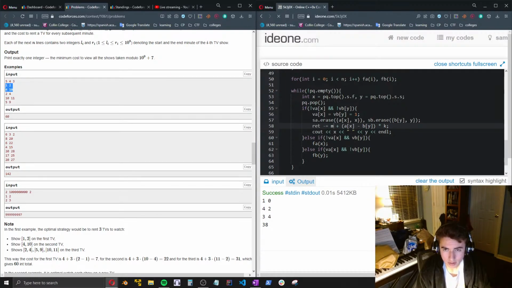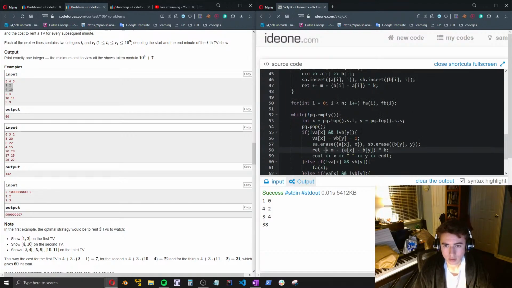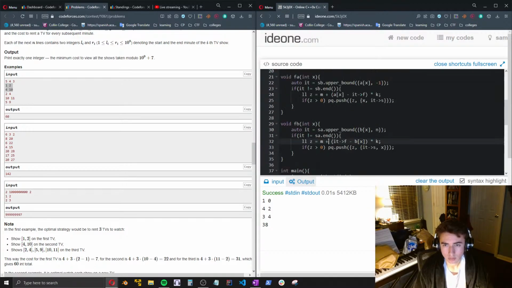Minus equals M. Well, it's adding this value, subtracting M. So we just need to change these to subtraction and it should all work out.